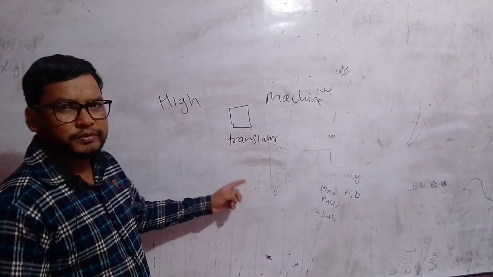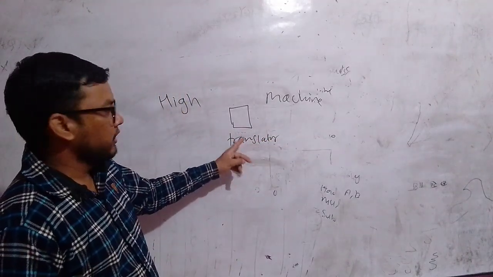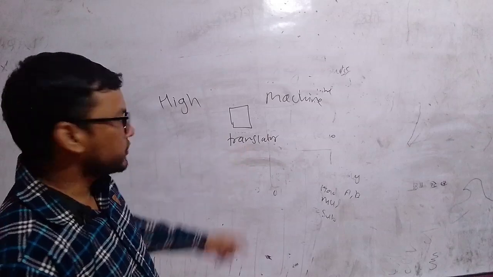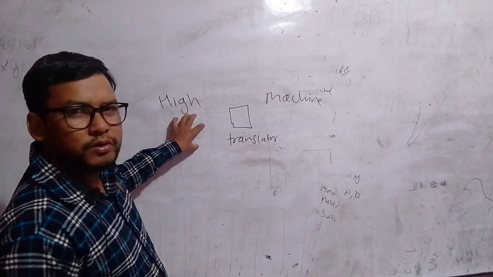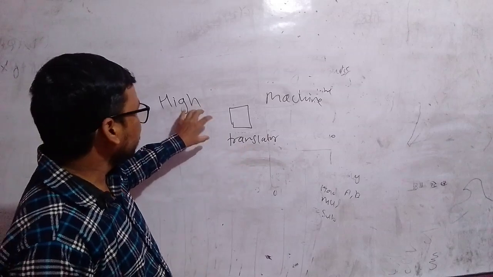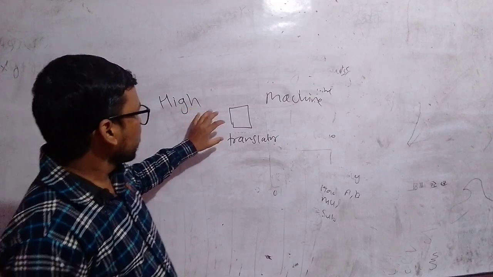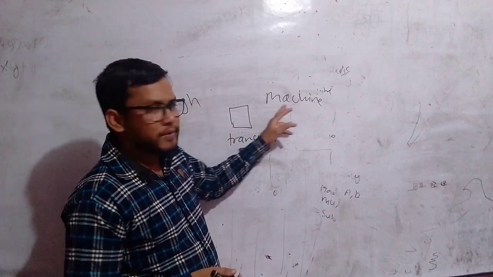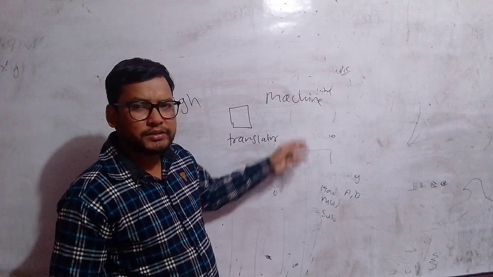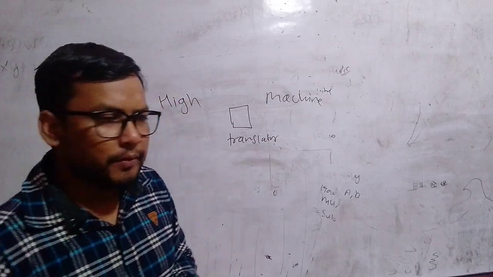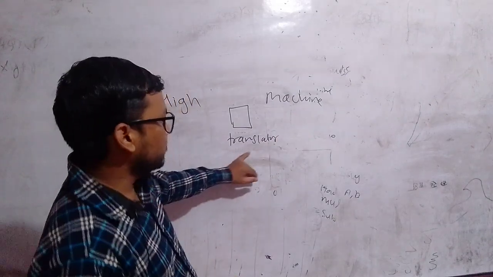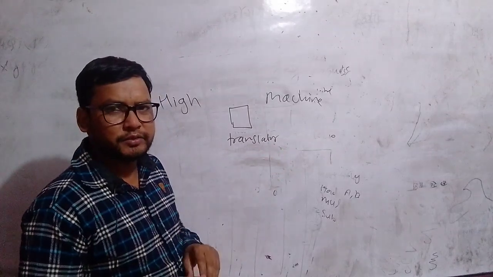The main function of the translator is to take the code or program written in the high level programming language and translate it into the machine code that is understandable by the computer. This is called the translating software.